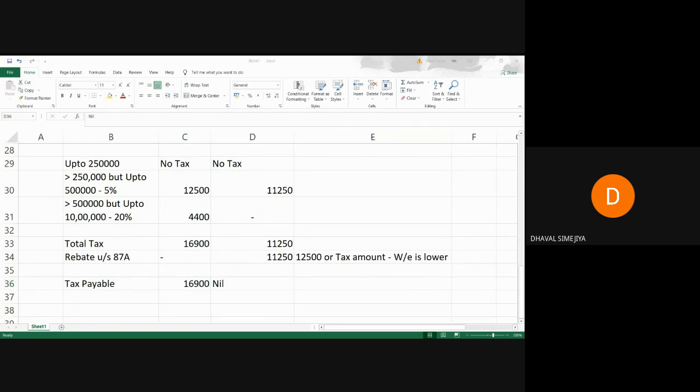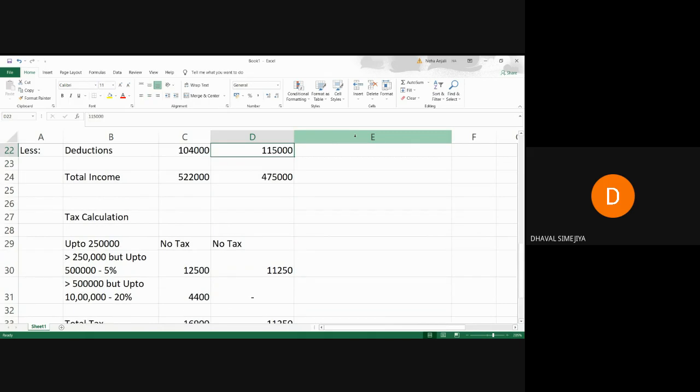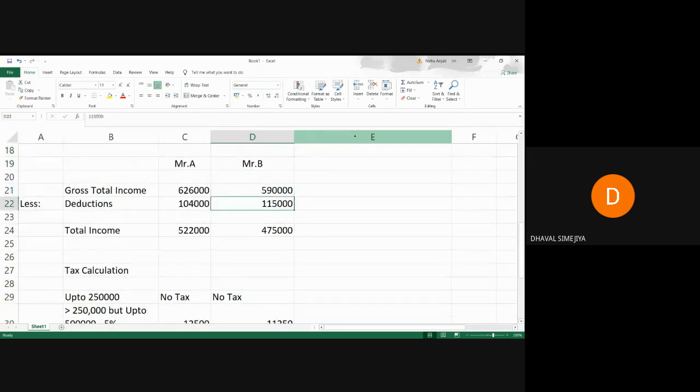So this is the drawback of rebate. If you earn a single rupee more than 5 lakh, for example, if you earn 5 lakh 1,000, here if deduction is available, let's say 89,000, then your total income will be 5 lakh 1,000.